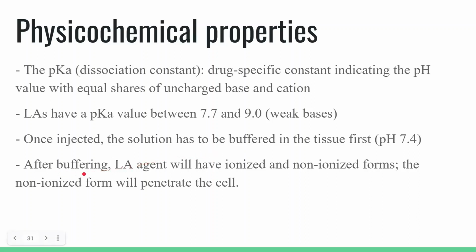So after buffering, the local anesthetic agent will have ionized and non-ionized forms. In the end, after the tissue medium donates protons to the base, we will end up with a certain proportion of the ionized and the unionized forms. Now, only the non-ionized forms will penetrate the cell. Remember this, we've said it before, and it's important.